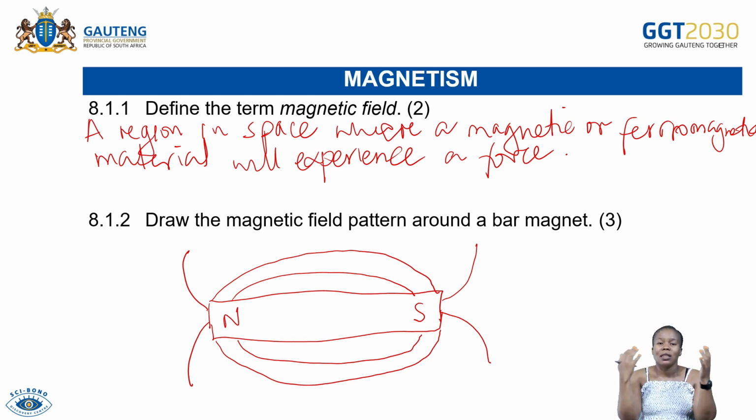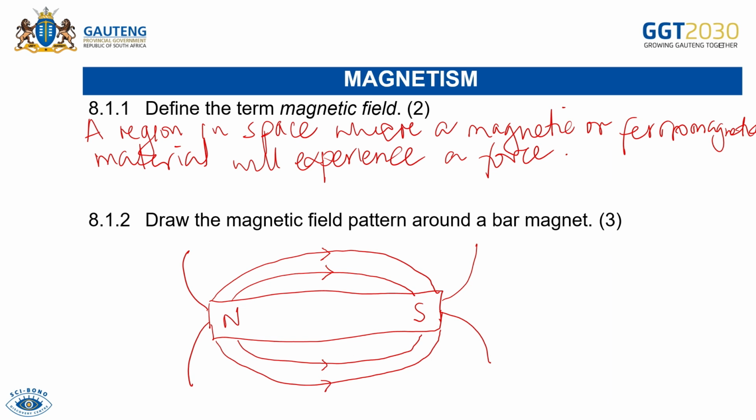The second thing, the shape: is it giving the shape that it should be giving? And then direction. Always the arrow moving from north to south. That means that in the middle over here, there should be arrows showing the direction of the magnetic field lines. Then you go to the side ones.